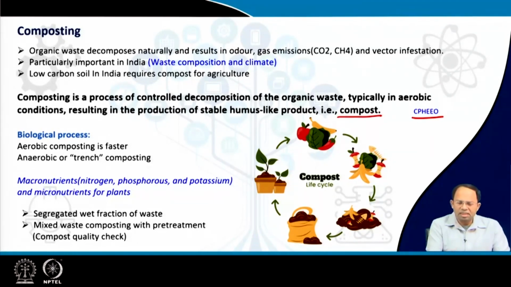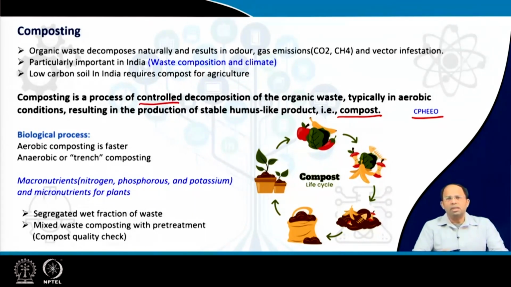So it's the same decomposition process that we are talking about, but it's a controlled process. That means we will control certain parameters of the reactions that take place, and because we can control the parameters, we can control the time, and we can control what sort of quality the final product will have. And so that is why we have to control it.